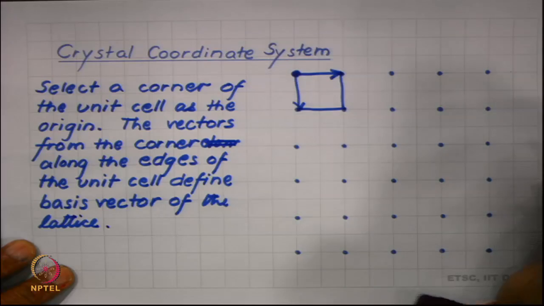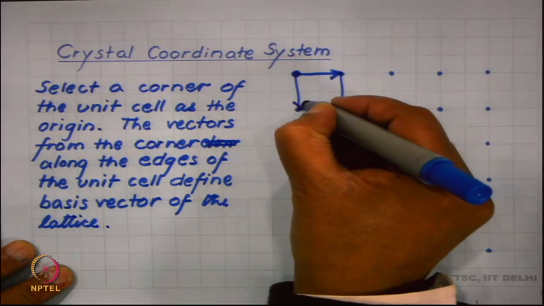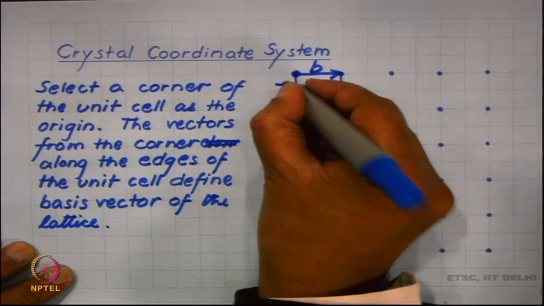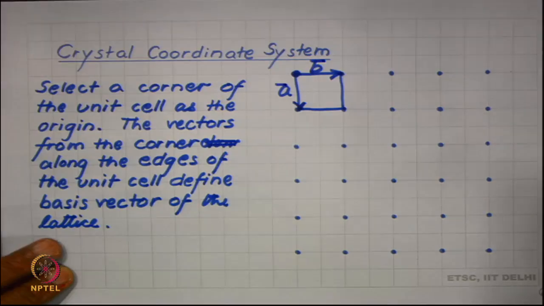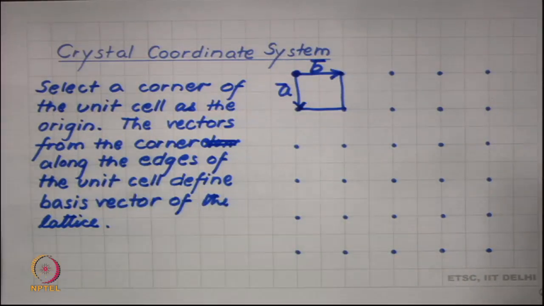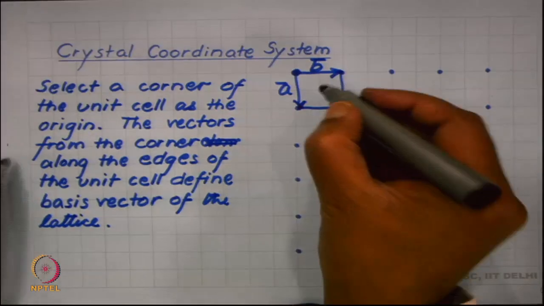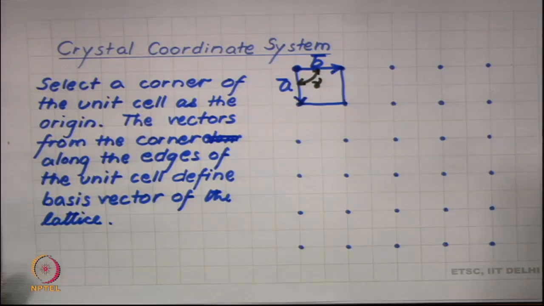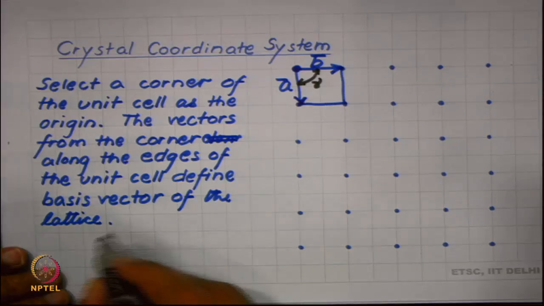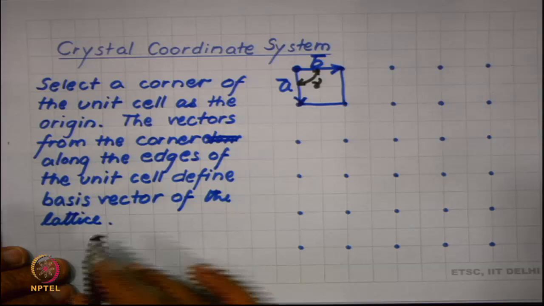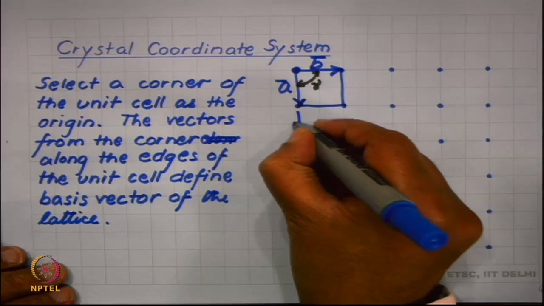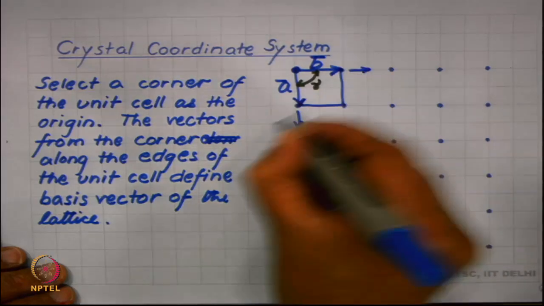So, we have selected this as the origin. Along the edges we have these two vectors A and B. The angle between them is gamma. We can also define these as the axes.